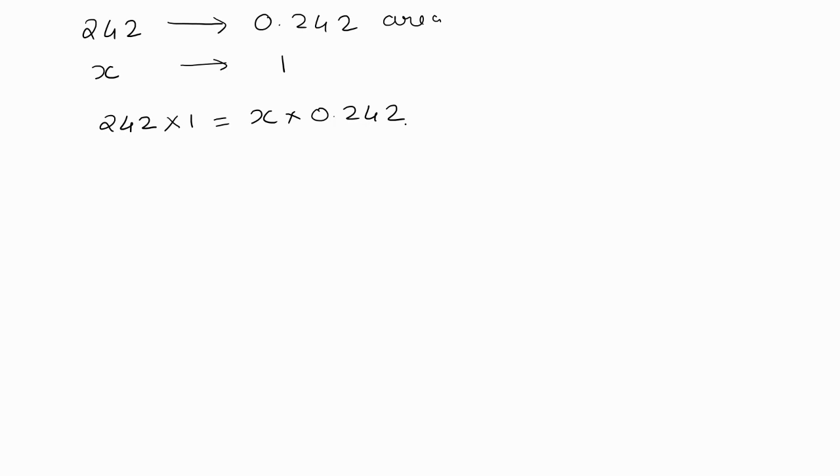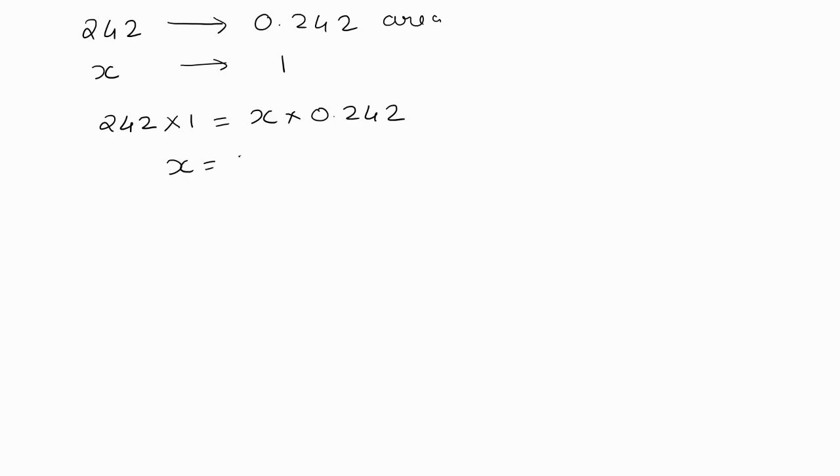242 officers represent 0.242 area. My total area is 1. Therefore, how many officers will it represent? It will be 242 into 1 equals x into 0.242, by cross multiplication.